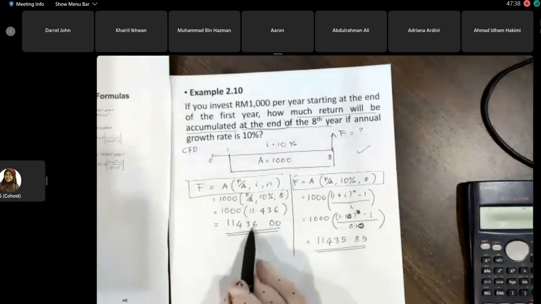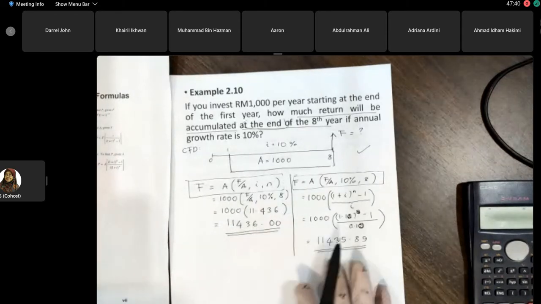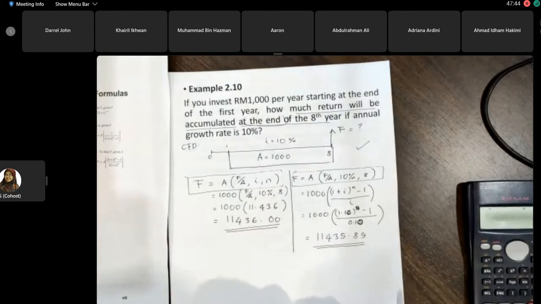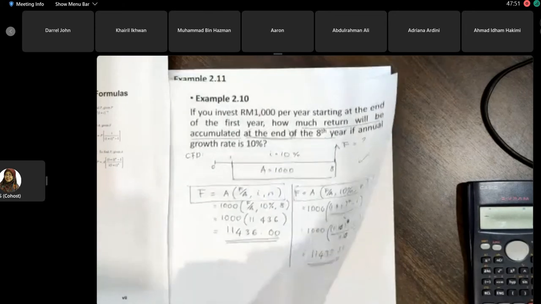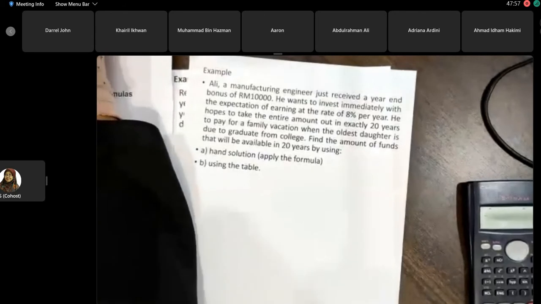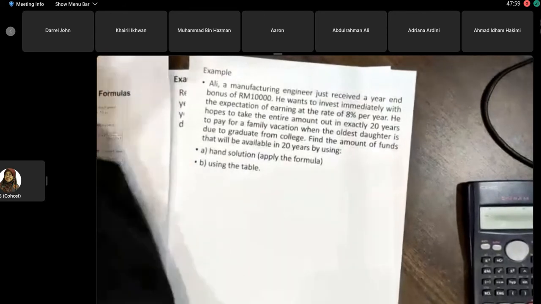So use the table. Okay. So settle yang ni. Go to the next question.